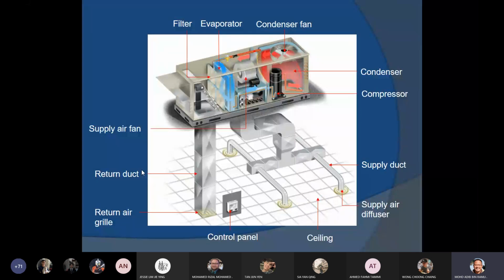So this is a closer look at the components in the package unit. Just now it was only showing the main components inside the package unit, but in this diagram you can see how the package unit connects to the ductworks and then into the spaces.